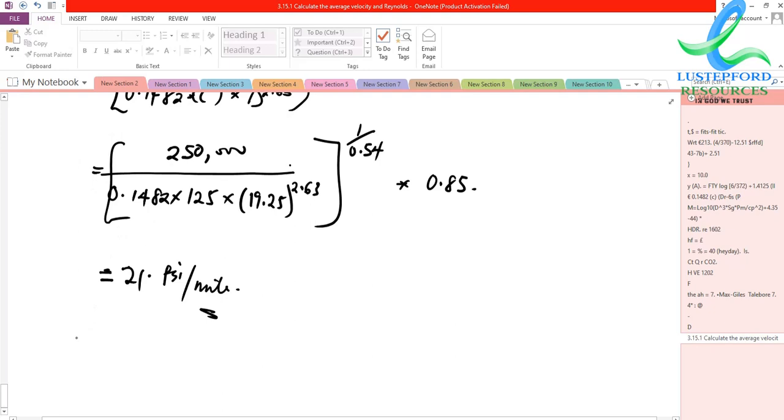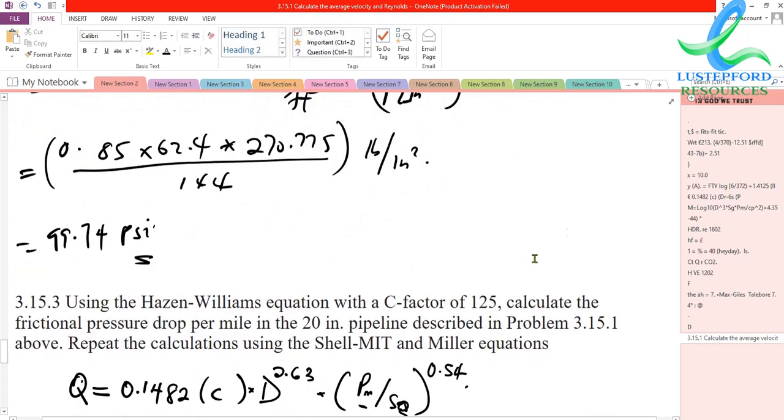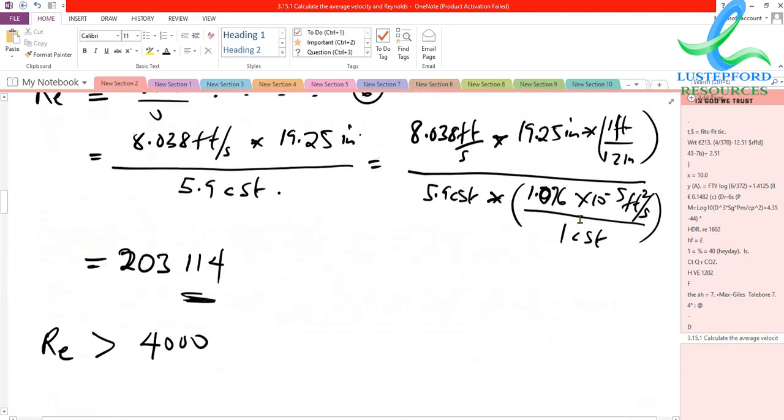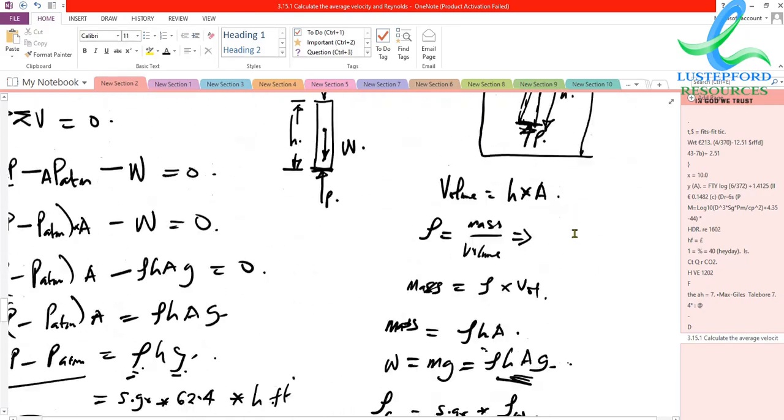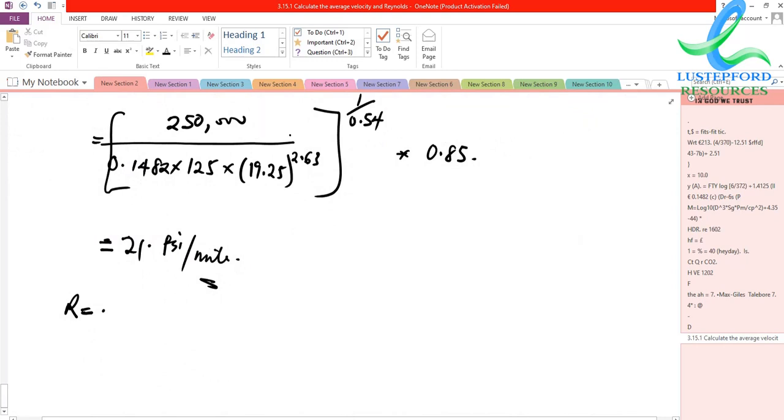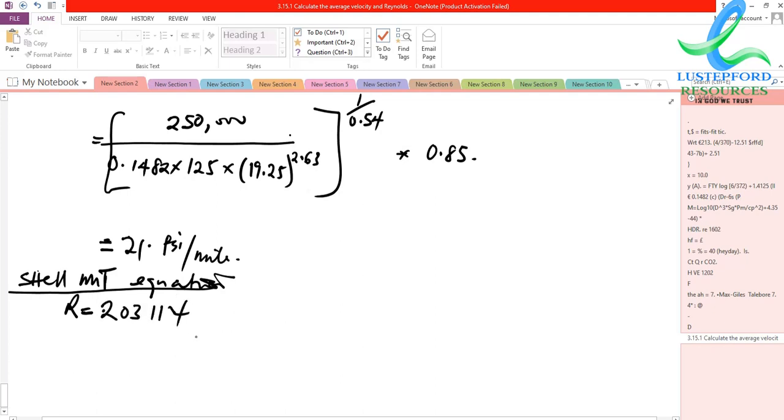We have calculated the Reynolds number, and our Reynolds number from the first problem was 203114.